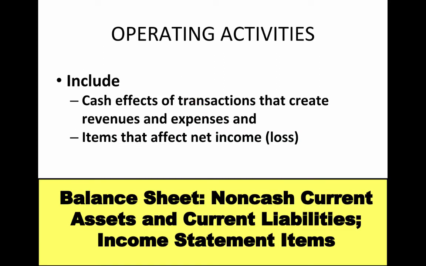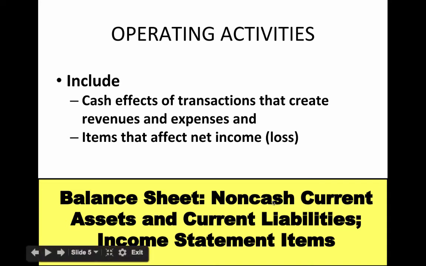Okay, so let's talk about operating activities. Operating activities, we've already mentioned briefly, include cash effects of transactions that create revenue and expenses, and items that affect net income or net loss. So when preparing the cash flow statement, there's a little secret down here in yellow. You're going to look at the balance sheet. You're going to look at current assets, except for cash or your cash equivalents.